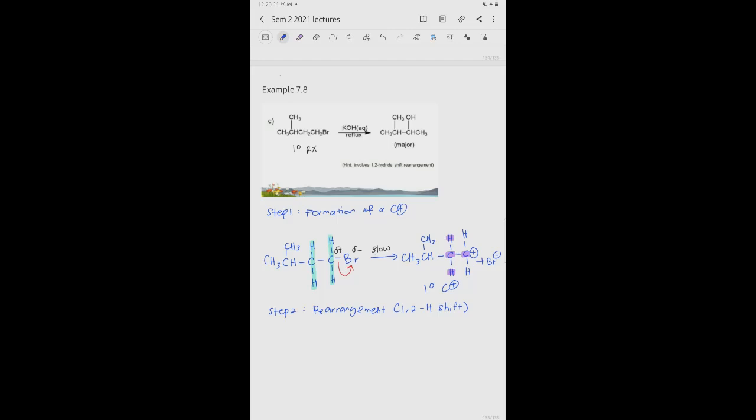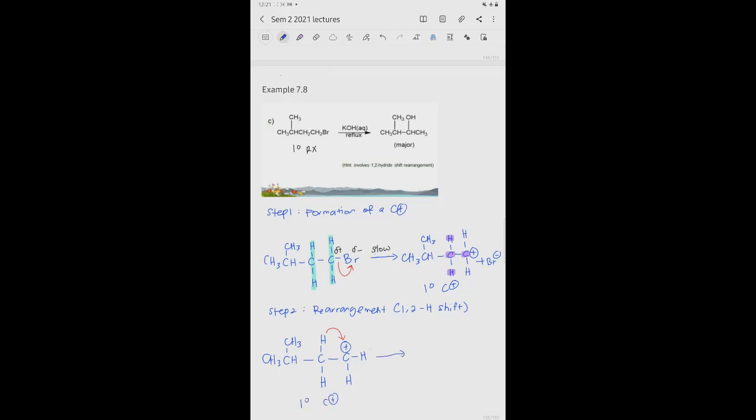So in step 2 we redraw the structure of the primary carbocation that we got in step 1. I will put the plus symbol above to show the rearrangement. So the hydrogen will change place with the C+. This is a primary carbocation.